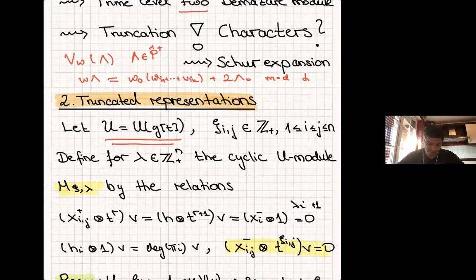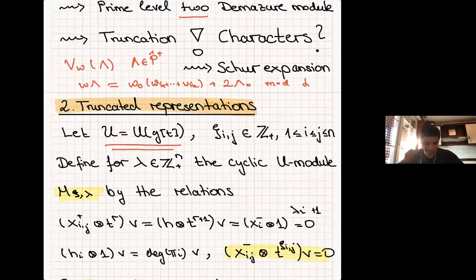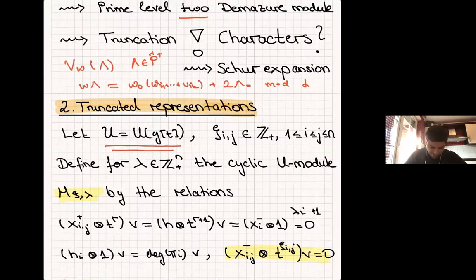The truncations depend on the highest weight lambda, of course, because the local Weyl module depends on the highest weight lambda. And they depend on a certain non-negative integer, which you choose for any positive root. Now this M_psi^lambda is defined as follows: you take the same relations as in this Brito-Chari-Moura result.